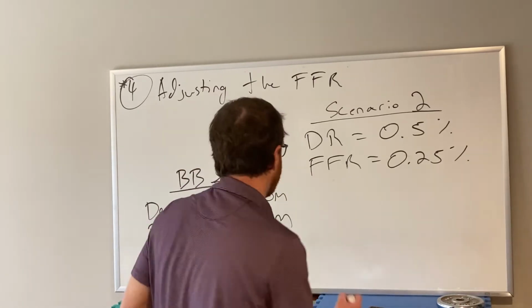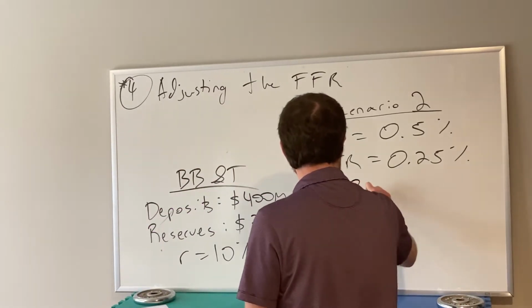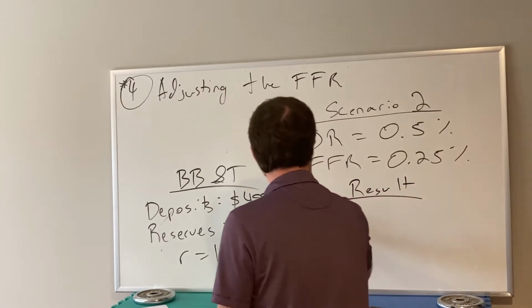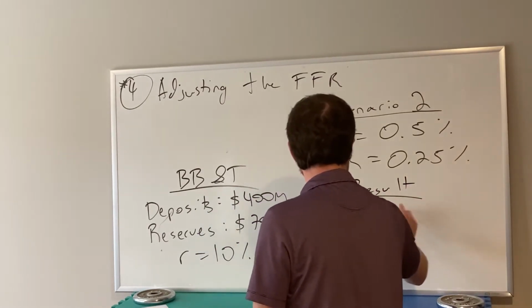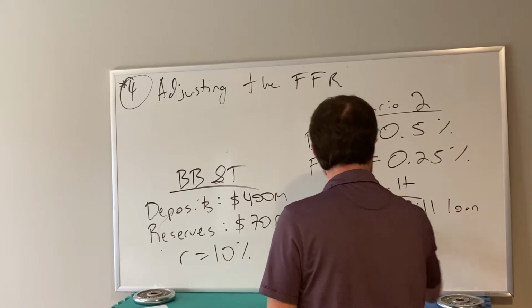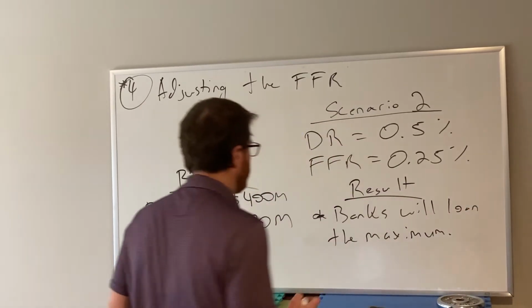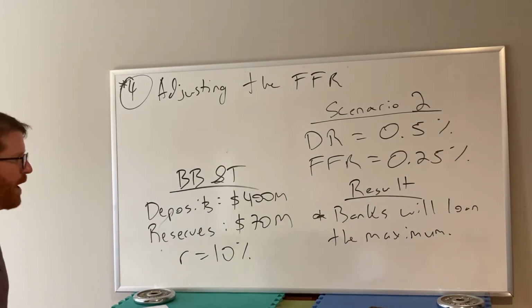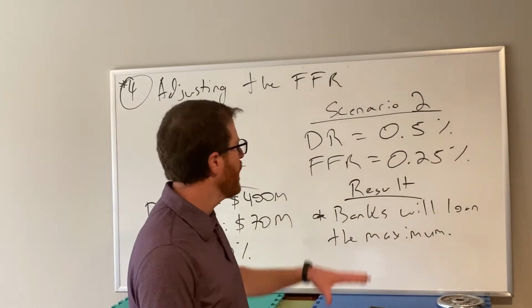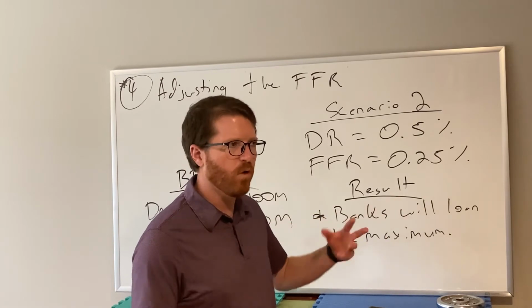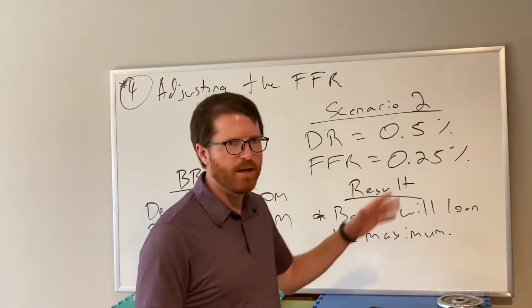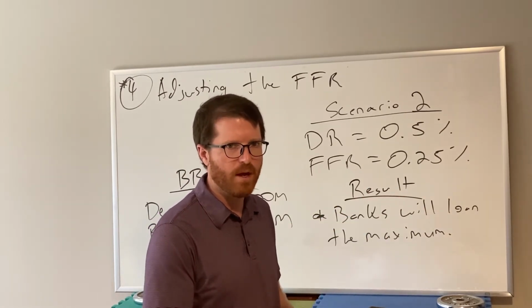So in this scenario, banks will tend to loan the maximum. Okay? In that scenario, banks will tend to loan the maximum because they know that there's no real punishment if they need to borrow money. Okay?